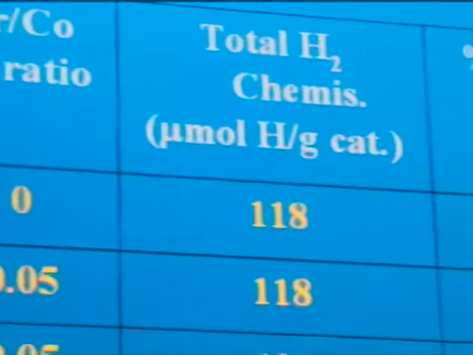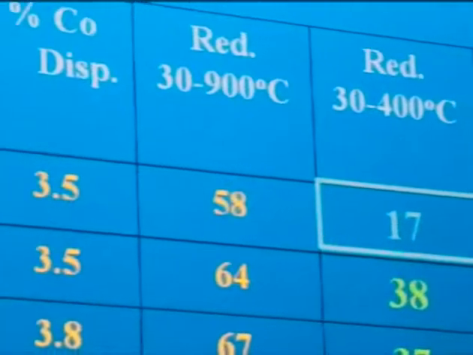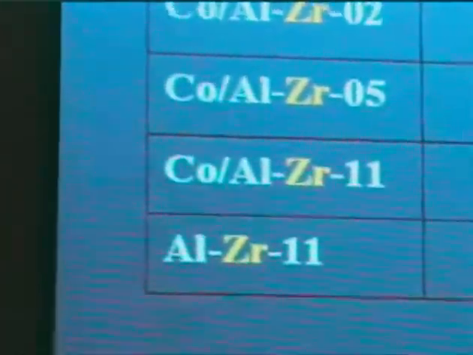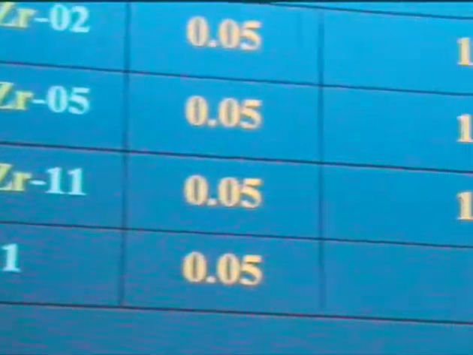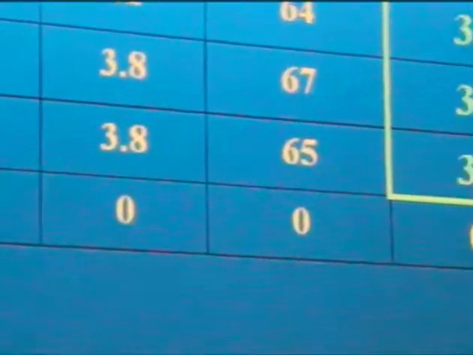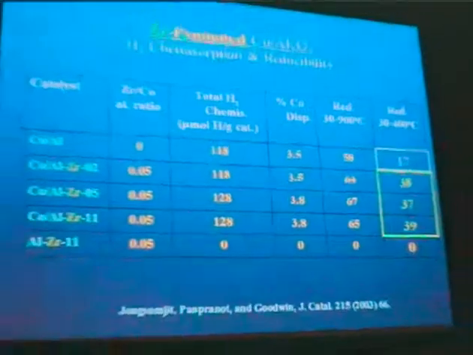This is about 10% difference. But if you look at the reducibility, the unpromoted catalyst has in TPR up to 400 degrees, only about 17% of the cobalt reducing. But the zirconia helps in the reduction even on alumina catalyst, raising it to more than double the plain vanilla catalyst, if you will.